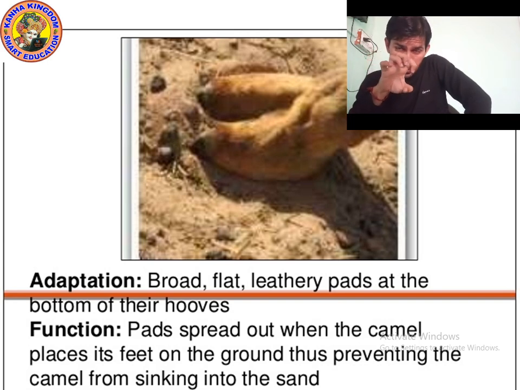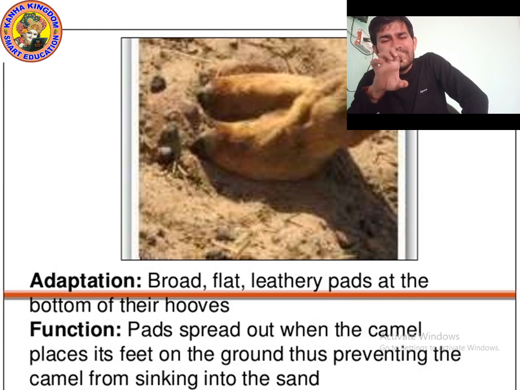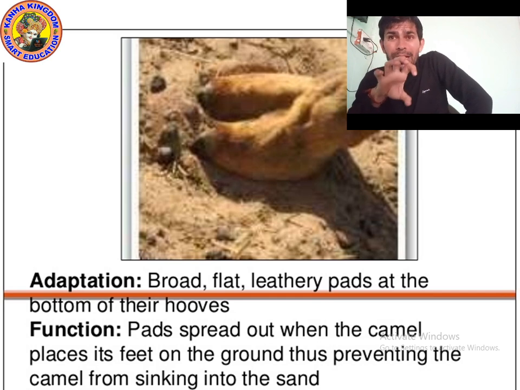What is the benefit of it? You know that there is a lot of desert and soil in Rajasthan. If we try to walk in soil, we cannot walk easily. But the camel has a leathery flat pad which helps them to walk easily.